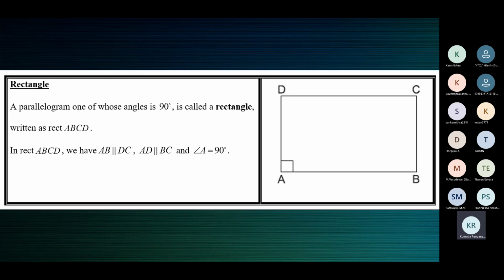If you prove that a quadrilateral is a parallelogram and in the parallelogram, one angle is 90 degrees, that is sufficient to show that it's a rectangle. Then it's a rectangle, and when it's a rectangle, all the angles will be 90. But to prove it, it is sufficient if you show that one angle is 90 degrees.